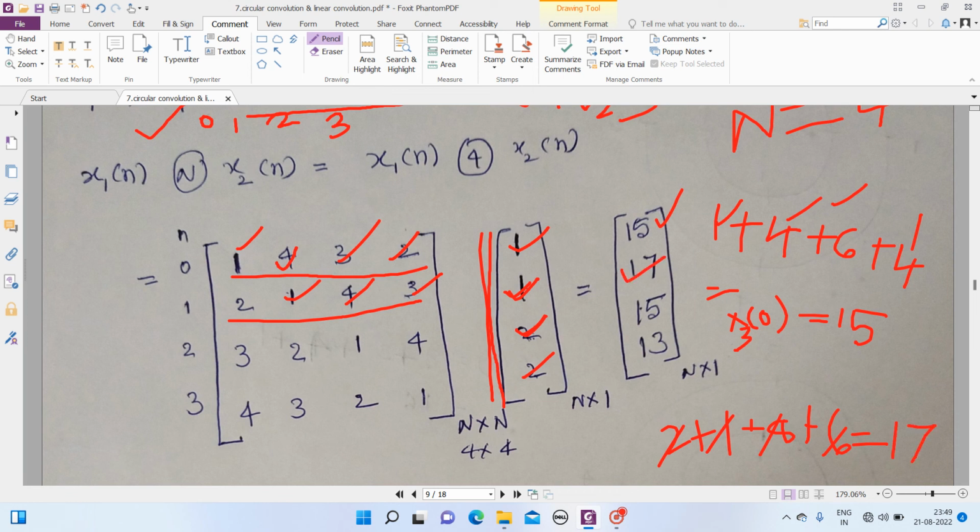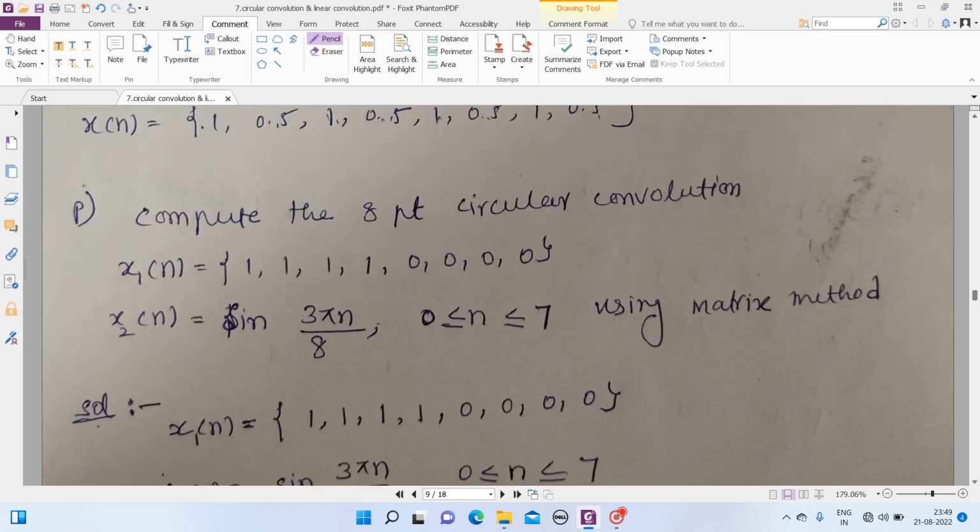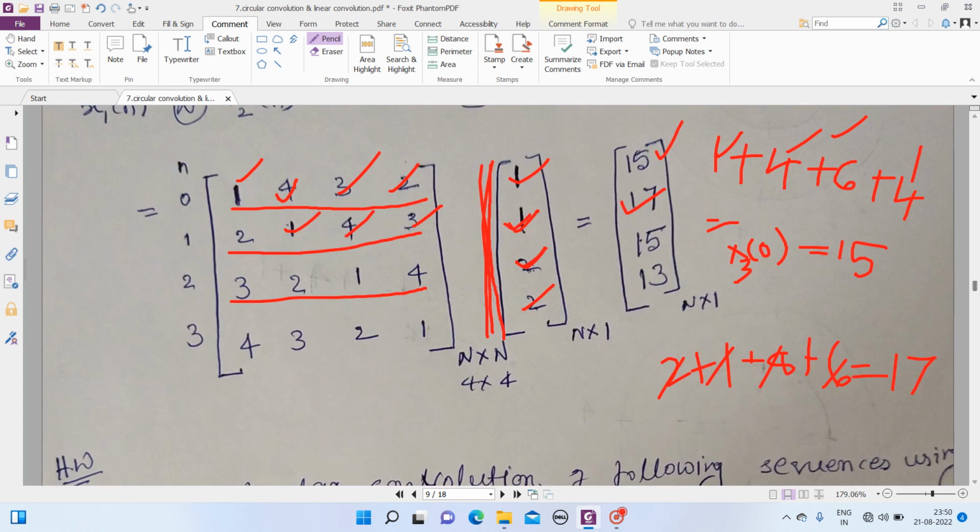Similarly, you have to multiply this row with this column, right? See here, 3 ones are 3, plus 2 ones are 2, plus 1 twos are 2, plus 4 twos are 8, is equal to, just add these numbers.